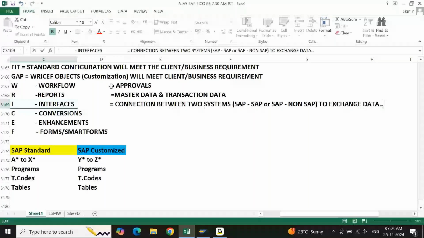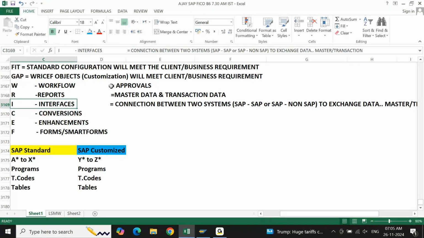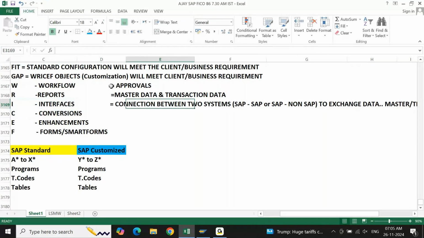What are those 2 data that are part of your SAP FICO data flow? Master data, transaction data. When you're connecting two systems, the whole objective is to do the data exchange. You will exchange either master data or transaction data. Am I correct? Nothing else.